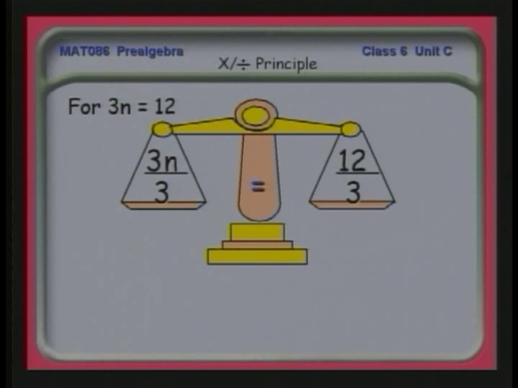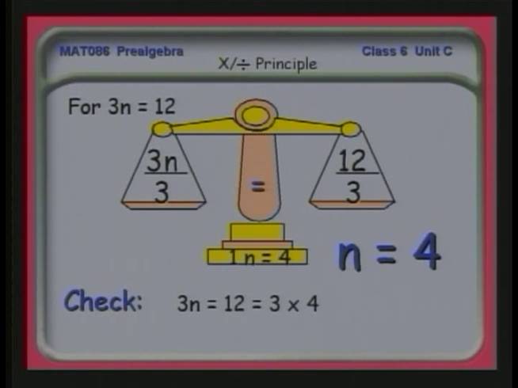I can be very certain that's correct. 3n divided by 3 is 1n. 12 divided by 3 is equal to 4. 1n is the same as n, so my solution is n is equal to 4. And of course, we can check ourselves by substituting 4 in for n. So 3n is equal to 12. 3 times 4 is equal to 12. And I have done this incredibly difficult problem, and I can say, wow, good job, Dan.